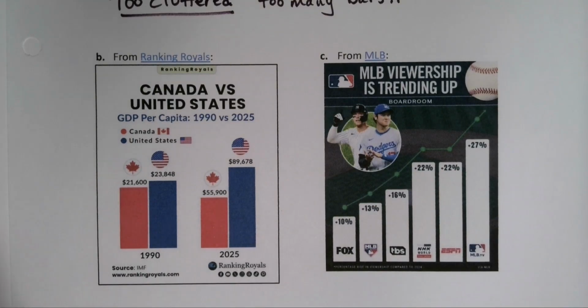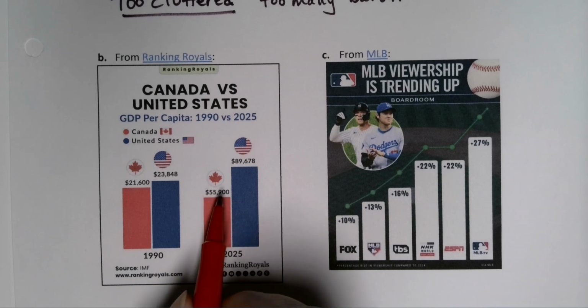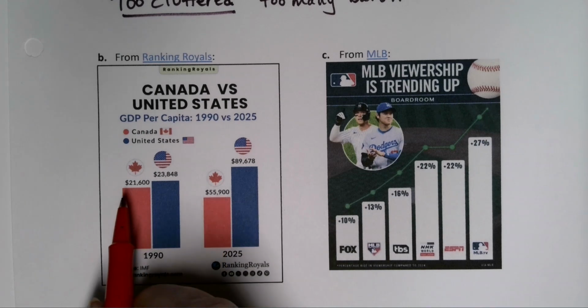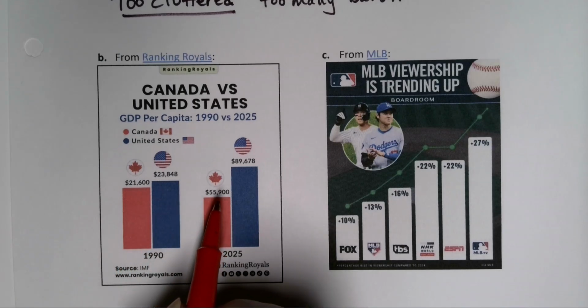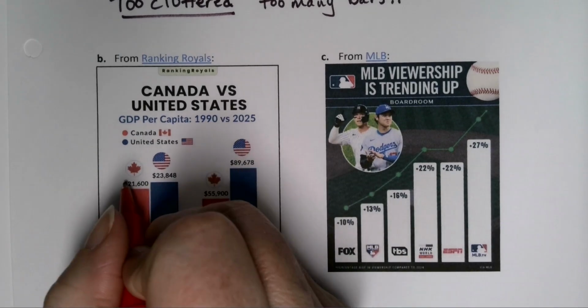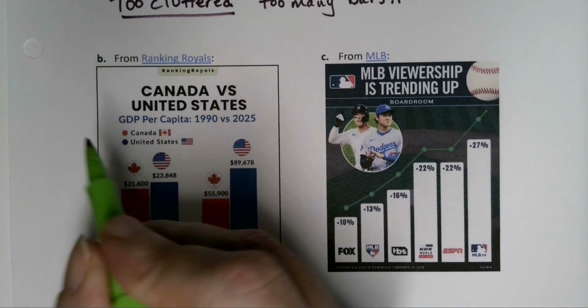Just notice somehow magically, and I don't know how this is possible, but Canada has a higher number of 55 and it's higher than 21, but somehow the bar is lower. How is that possible? That's because there's no scale, right? Where do I begin?